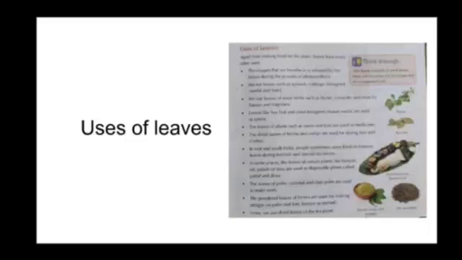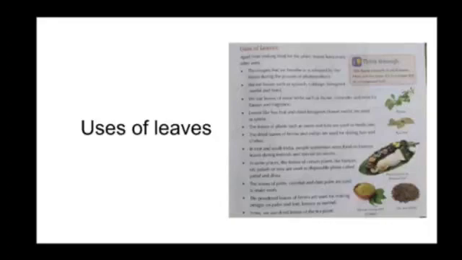The leaves of palm, coconut and date palm are used for making roofs for shelter. The powdered leaf of henna is used for making designs on the palm, like we use mehendi on the palm and feet.